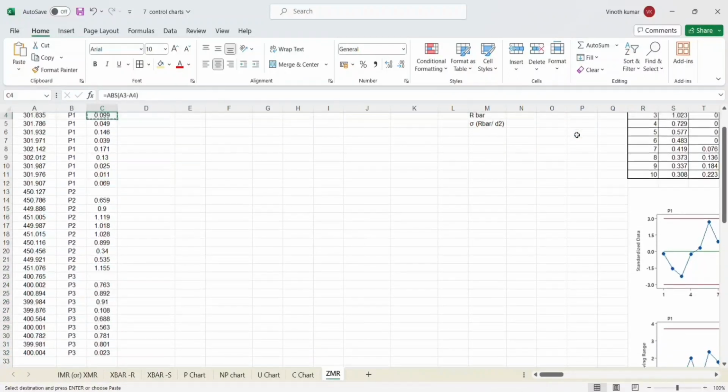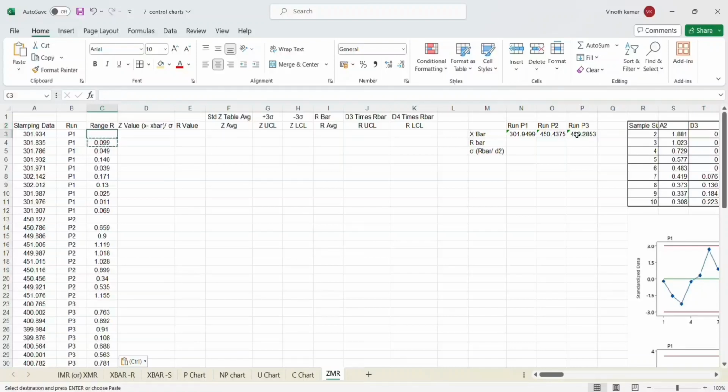Now what we do, we need to calculate the R bar. R bar is nothing but average of moving range.